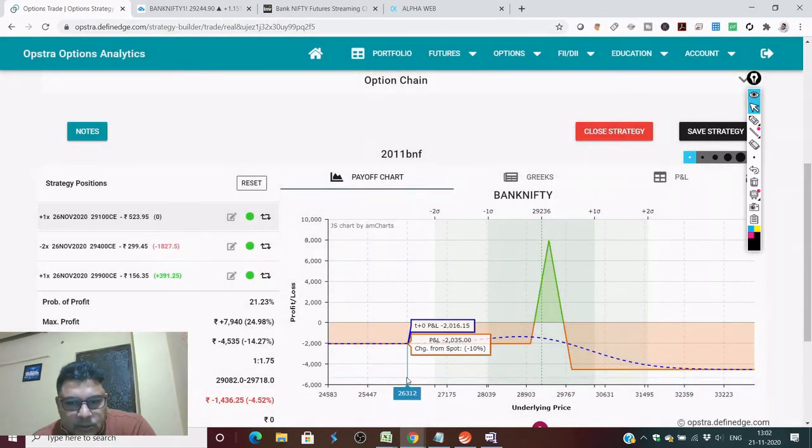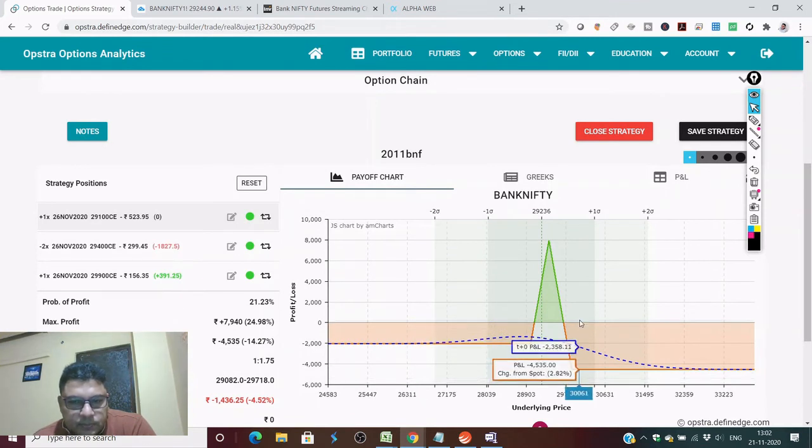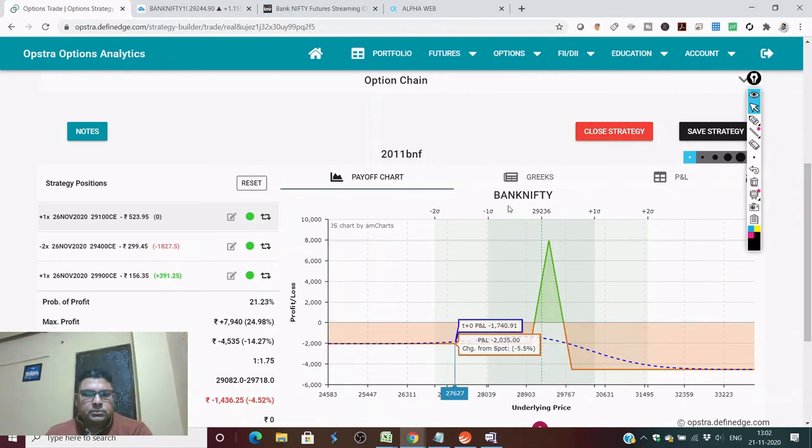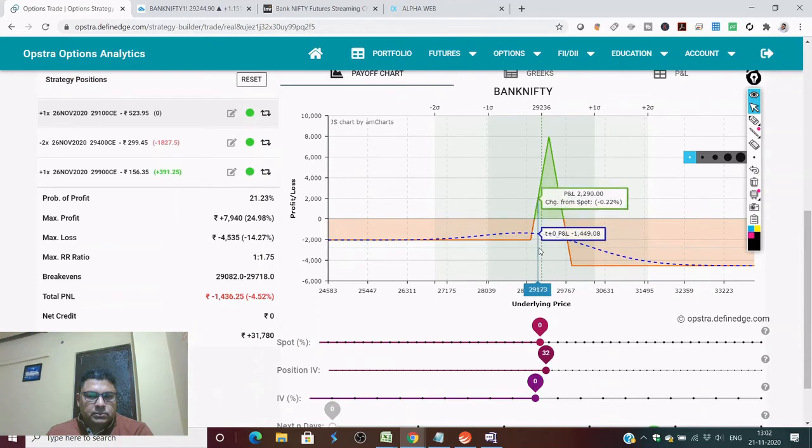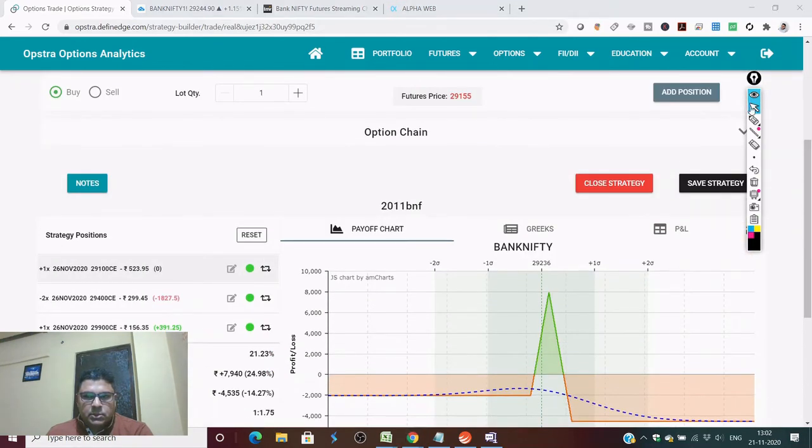You modify this. So this is our new strike.